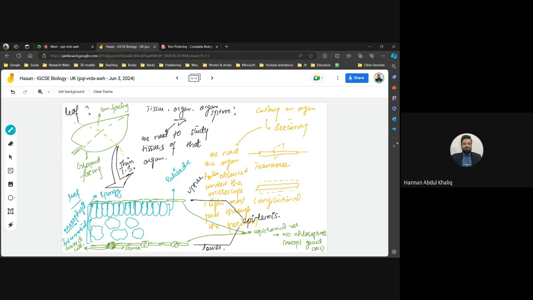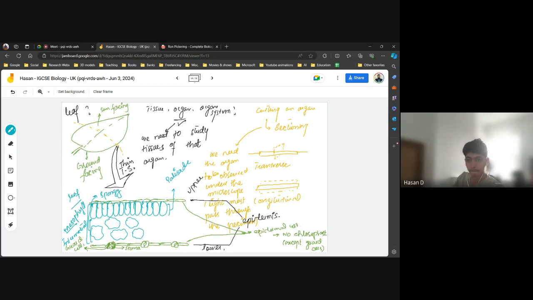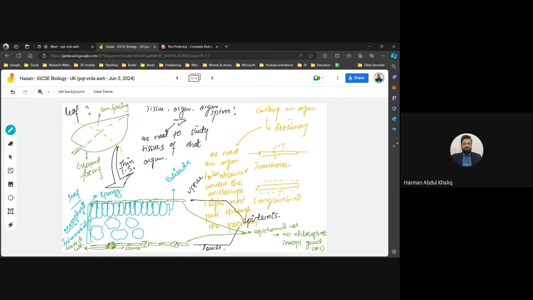Why am I constantly putting the name mesophyll here? Because it represents that it is present inside the leaf, not as the outer layer. Clear? Remember that the palisade and spongy both are photosynthetic. The real cells that perform the photosynthesis are the palisade and spongy.